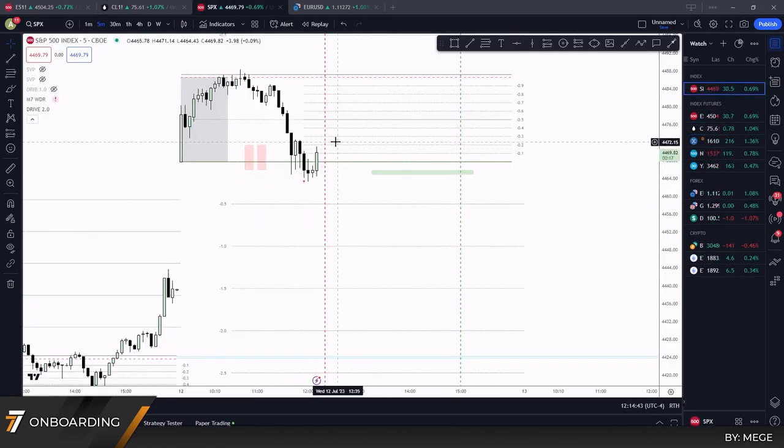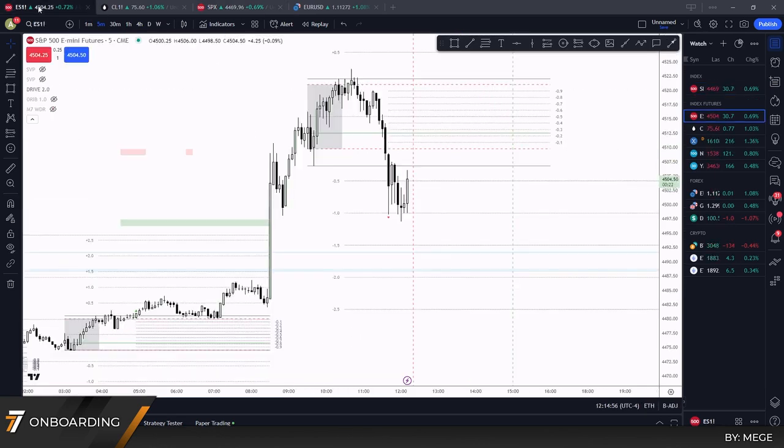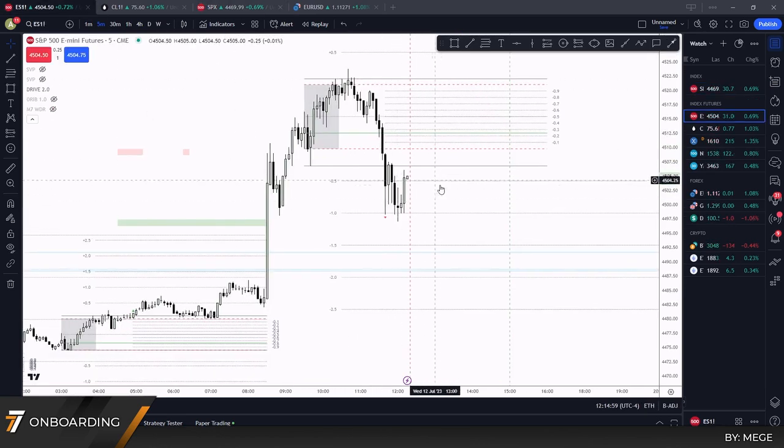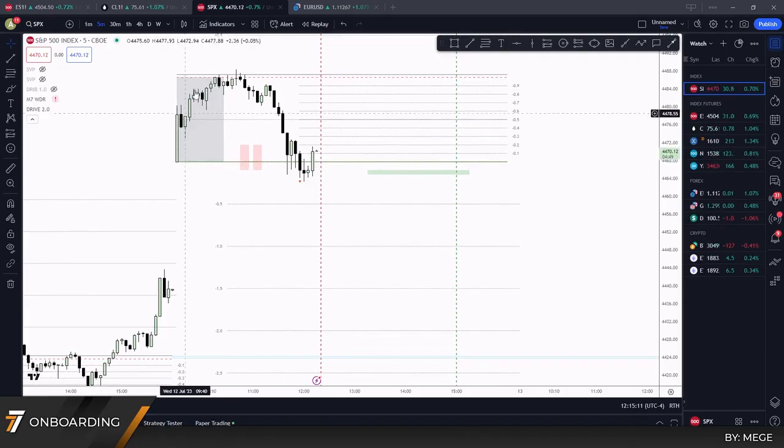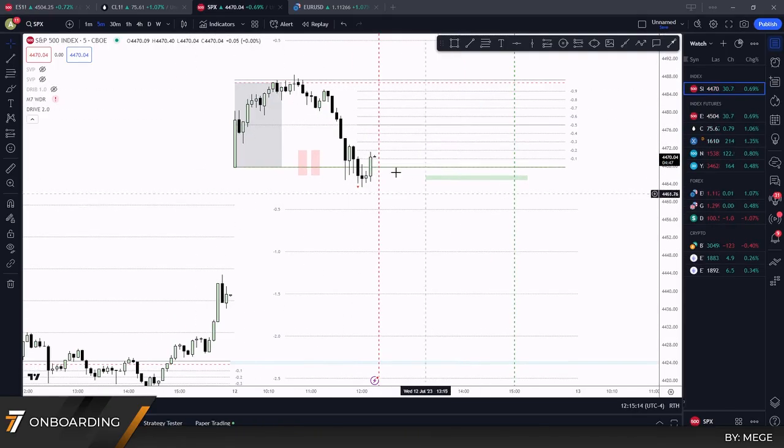Because that's the index of all the underlying stocks. So that's the real price action of the individual stocks in the S&P 500. Whereas this is kind of a derivative instrument of the SPX. So they still move the same. The chart will look roughly the same, but for example, today it looks a little bit different. But they move in the same direction.